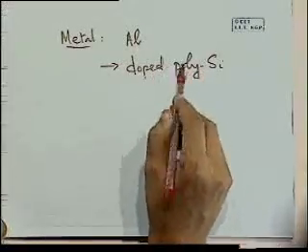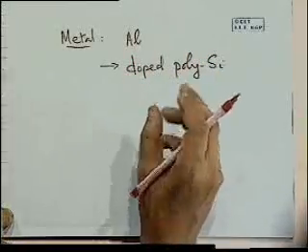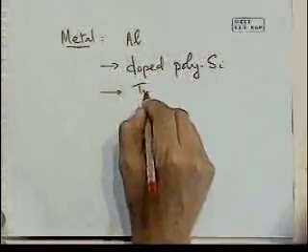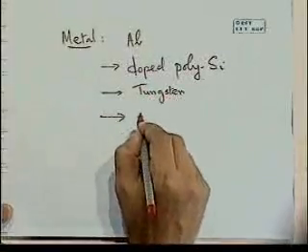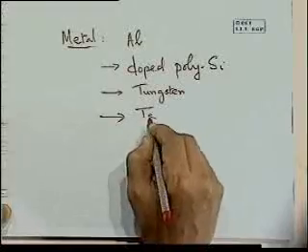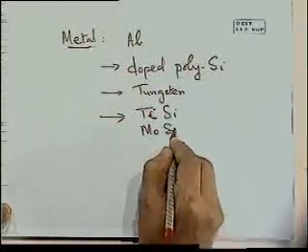And if you use it, you can deposit it. If it's highly doped, it functions like a conductor. Even though it's silicon, it's not a metal, but when it is highly doped, it behaves like a conductor. Another option is tungsten. These are some of the ones that are in use. Or some silicides like titanium silicide, molybdenum silicide, and so on.